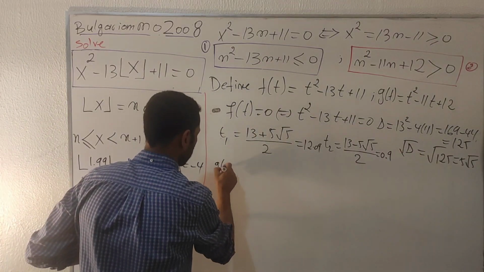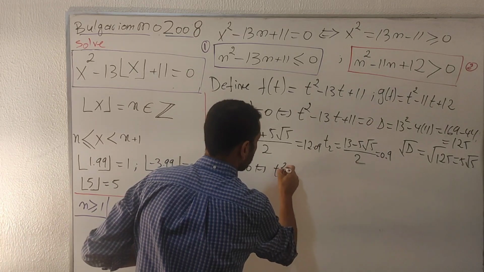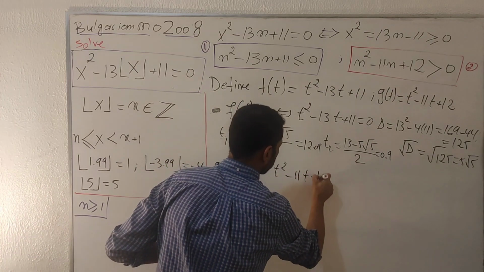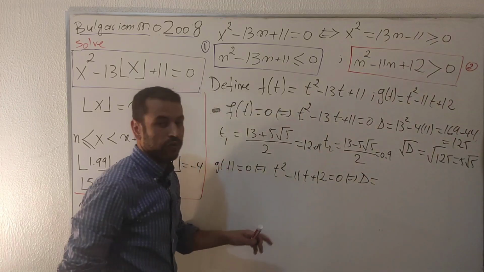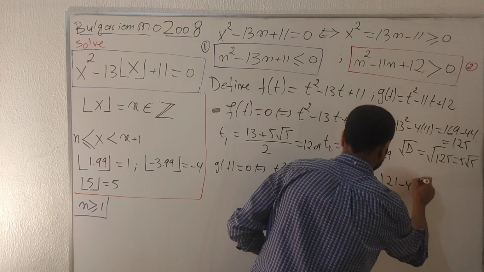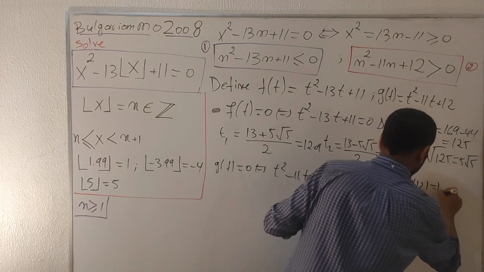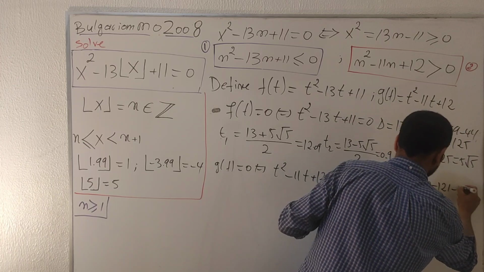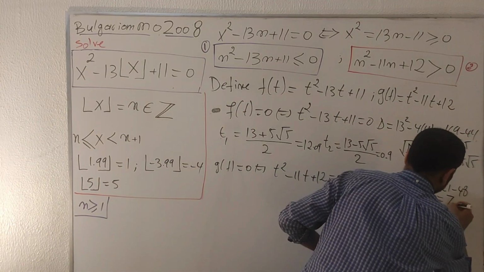Okay, I'm going to do the same thing with the second one. So we'll have g of t equals 0, equivalent t squared minus 11t plus 12 equals 0. I'm going to calculate the delta of this one. 11 squared, which is 121, minus 4 times 12. You get 121 minus 48, giving us 73.